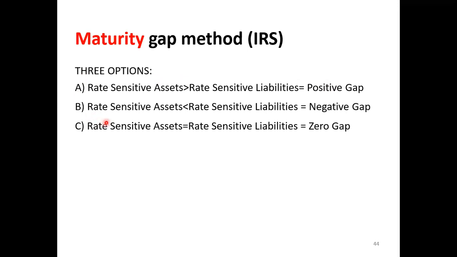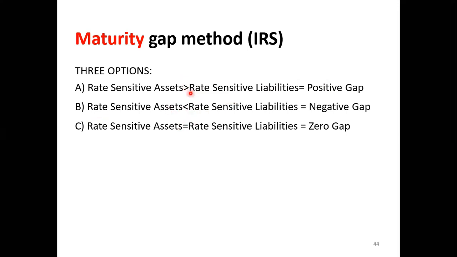And when rate sensitive assets are less than rate sensitive liabilities, we call it a negative gap. Negative gap means the short-term loans are less than the short-term deposits. Rate sensitive assets equal to rate sensitive liabilities means zero gap.